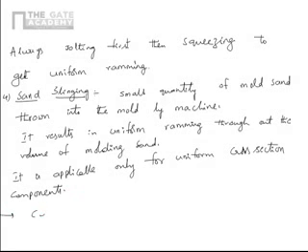Next topic is core making. As we have discussed, now the mold is prepared and the pattern is prepared, so next is the core. What is the core? A core is used to produce hollow sections of castings.